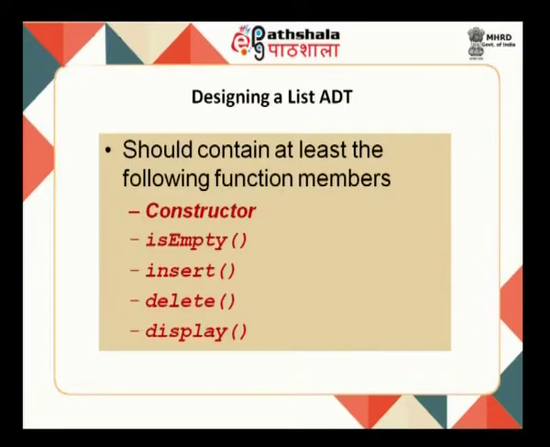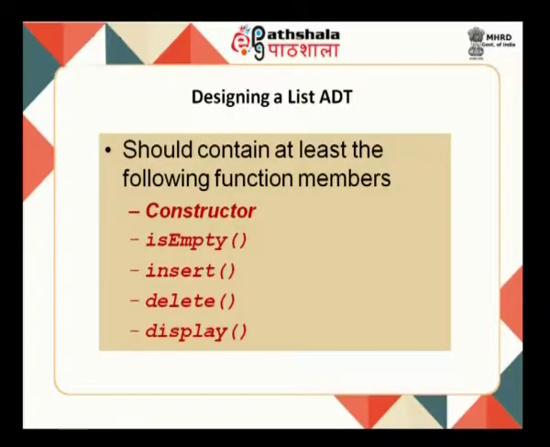Now, designing a list ADT involves deciding what operations you want to associate with a particular list ADT. Remember, when we were talking about these things, we had said that when you talk about an ADT, that ADT is also associated with a list of operations. One ADT with some list of operations, and another ADT with a different list of operations, are two different ADTs. This you must remember.